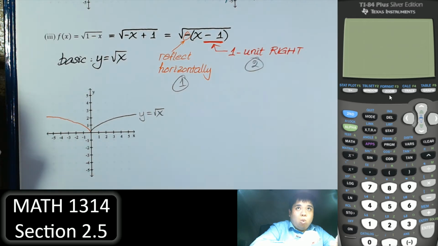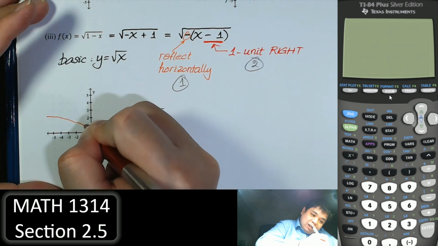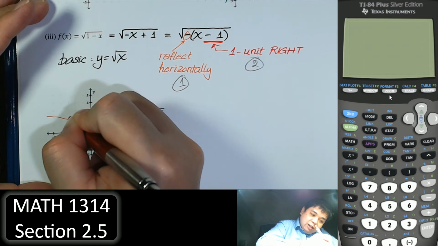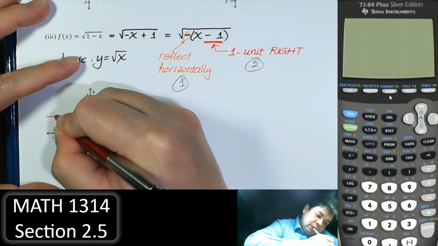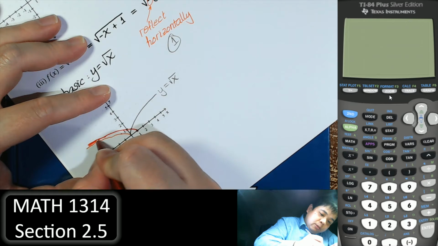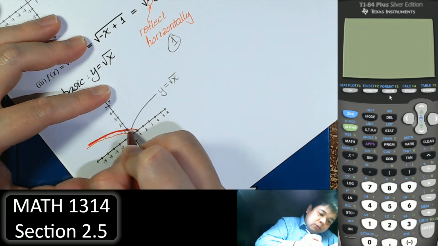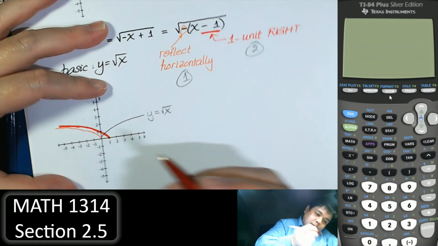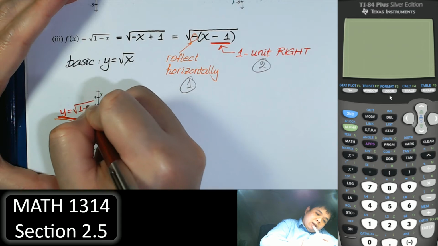And after that, one unit to the right, so that point moves here, that point moves here, so that is y equal to square root of 1 minus x.